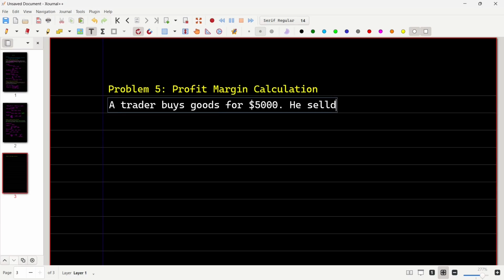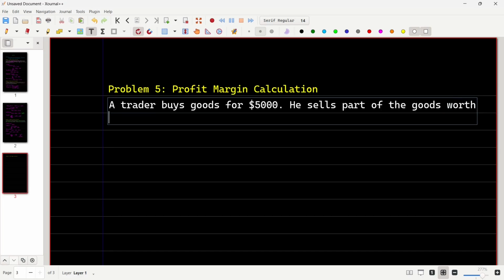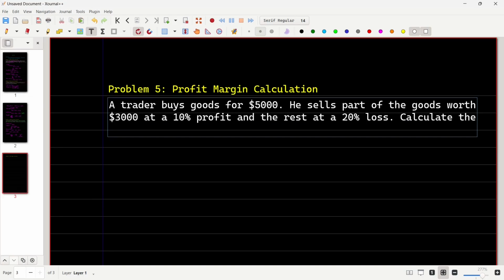He sells part of the goods worth $3,000 at a 10% profit, and the rest at a 20% loss. We're required to calculate the trader's overall profit or loss percentage. All right, so let's go with the solution.